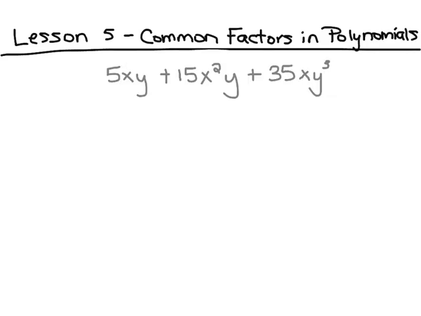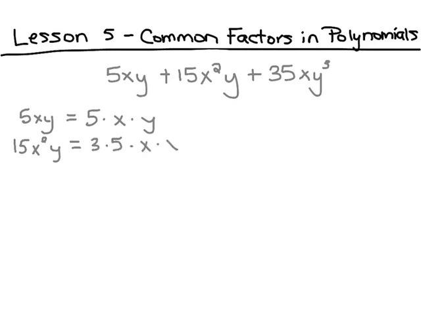For the next one, we want to find our greatest common factor between the numbers. So 5xy is easy. It breaks down to 5 times x times y. 15x squared y breaks down to 3 times 5 times x times y. 35xy cubed breaks down to 5 times 7 times x times y times y times y.